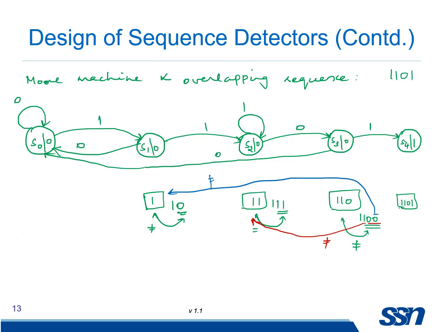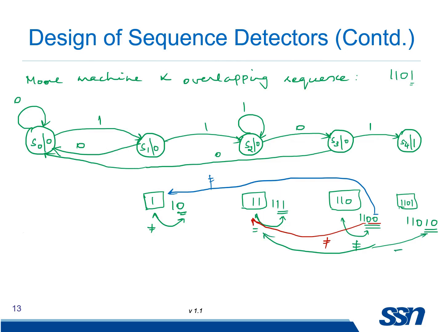So here again, with the overlapping sequence, this will be a 1 bit overlap as I mentioned with the Mealy machine. With 1 bit overlap, we should compare the last 2 bits to the 2 bit state. After this, if I receive a 0, let us compare this with this one.